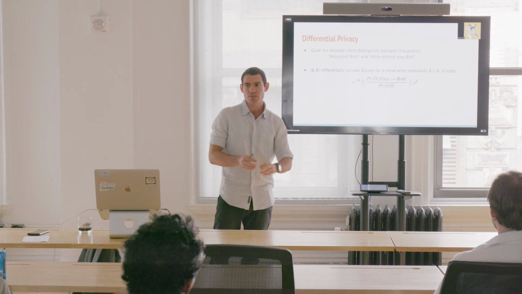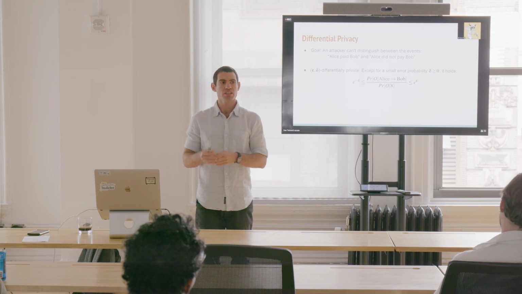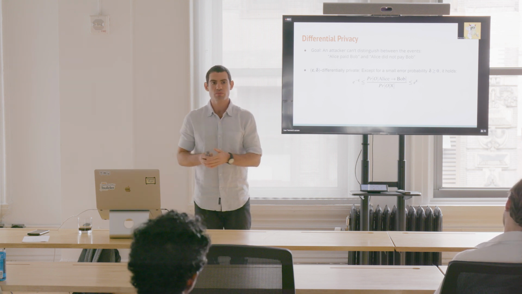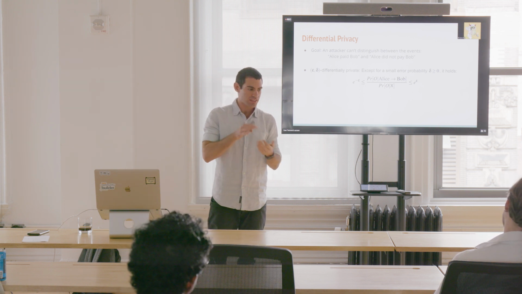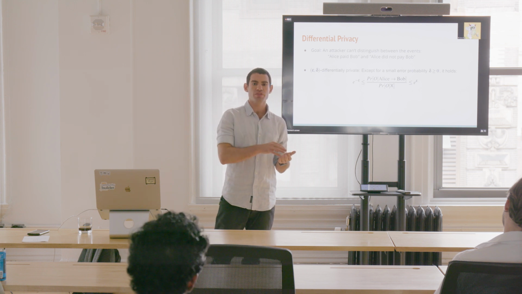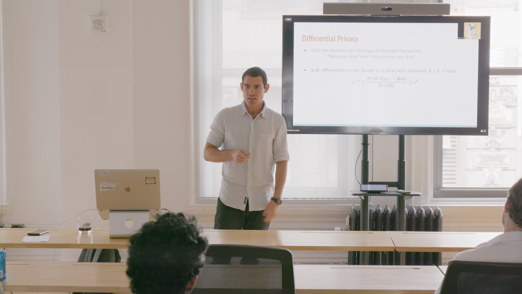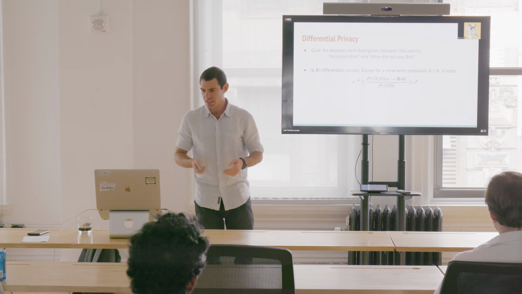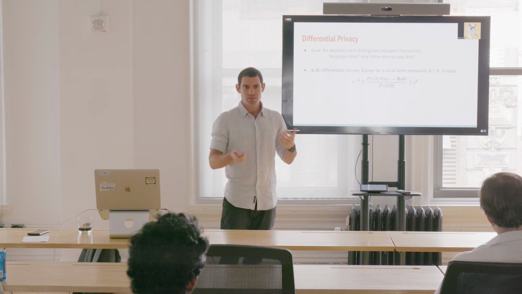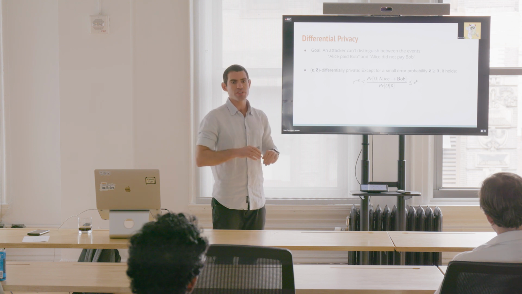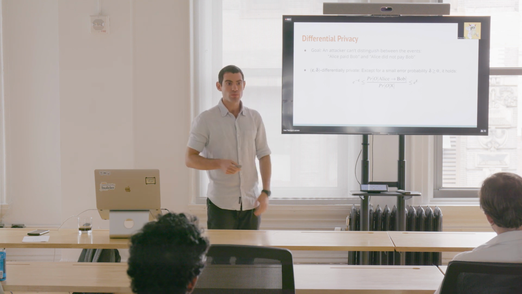It's okay that the attacker will get more information in some of the observations, but we want the leaking observations to be as few as possible, and this is delta. In our case, we use delta 10 to the -5. So with a very small chance, the attacker will get more information than that.